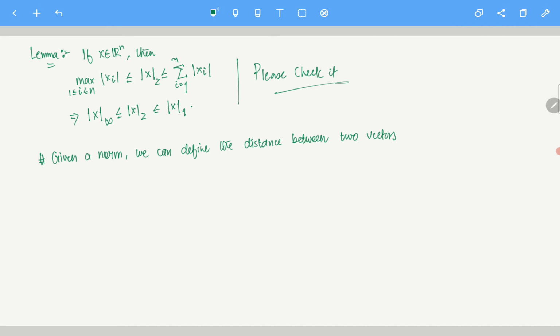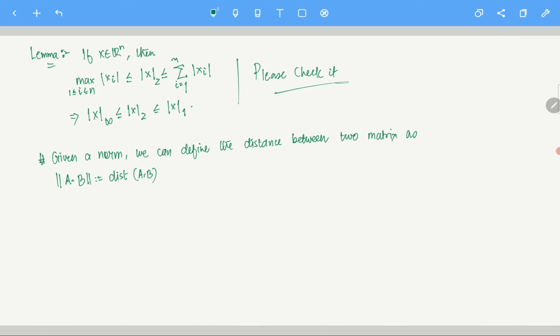Let's say A and B; not vectors, I mean, think of them as matrices. The distance between A and B is given by the norm of A minus B. For vectors it is given by the norm of x minus y. Here we just do it as the norm of A minus B. That's the distance. Clear?